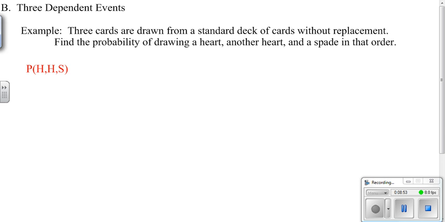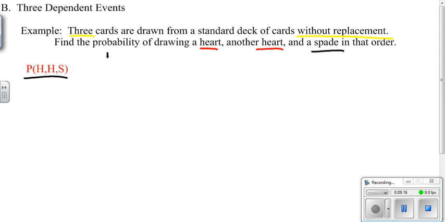In this case, we are drawing 3 cards from a standard deck of cards without replacing them. Again, the fact that we're not replacing them is very important. We're looking for the probability of drawing first a heart, then another heart, and then a spade in that order. So again, the probability of heart, heart, spade.